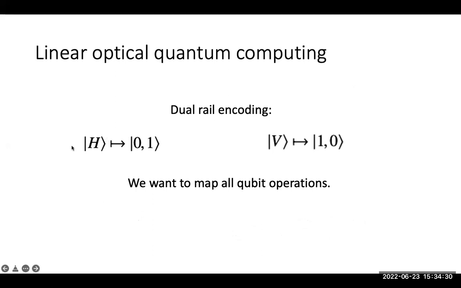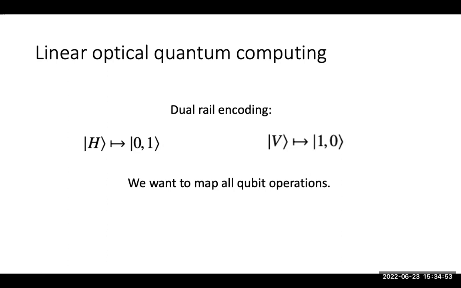And if it's on the right, it's H, the basis state 0 if you want. And if it's on the left, it's V, the basis state 1 of the qubit. So our qubit has basis H, V for horizontal and vertical. Yeah, so we have this that tells us how we're going to encode it.